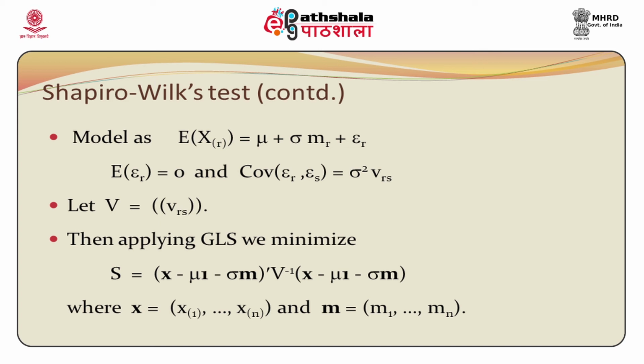Before I come to delta, just look at how we construct the vectors here. So let x vector denote x1, x2, ..., xn. The m vector denote m1, m2, ..., mn, and we have already got V. So what we want to minimize now would be (x minus mu 1 vector minus sigma m vector) prime V inverse (x minus mu 1 minus sigma m).